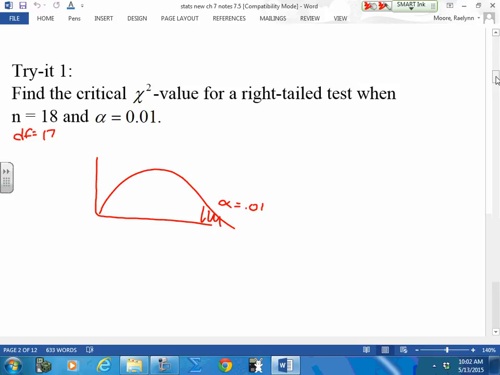Now, I want you to look up the 0.01, and I want you to look up the 0.99, just because you're going to see the difference. You're going to see which one is going on the right-hand side. So look that up for me.